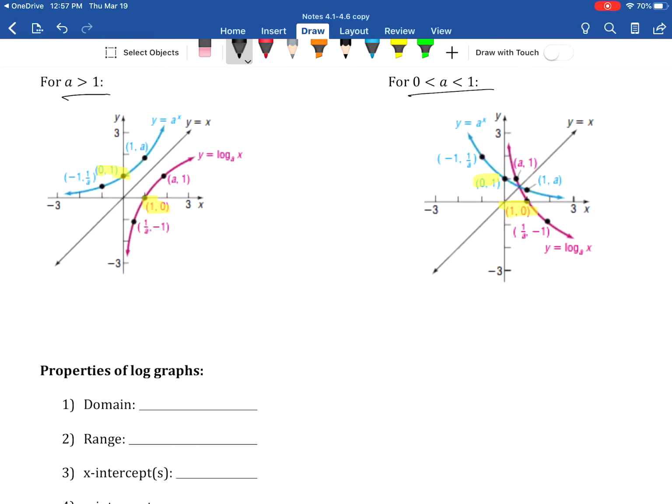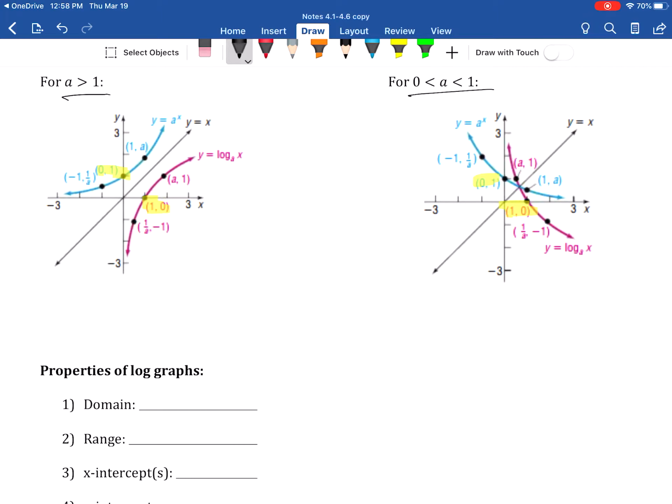Looking at the log graphs in each of these different examples, you notice a few things that are different now from the exponential properties. One idea is that the log function now has a vertical asymptote, which is the y-axis. So my vertical asymptote for the log function is the y-axis. All right, now that has the equation x equals 0.